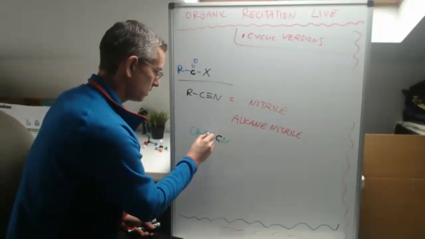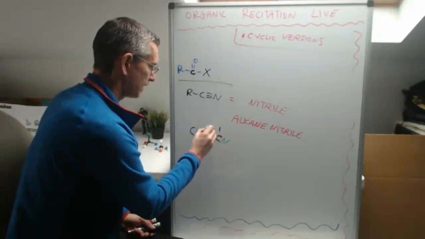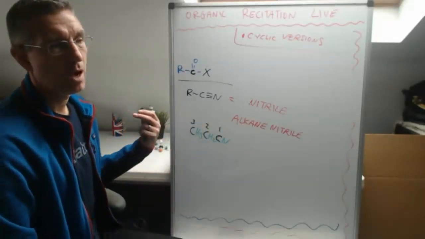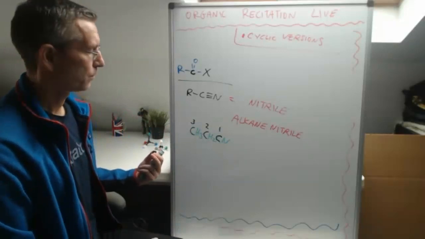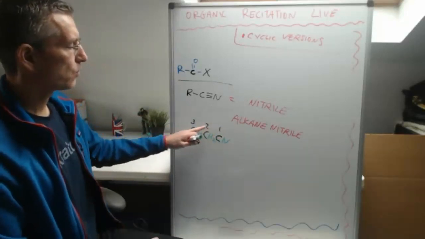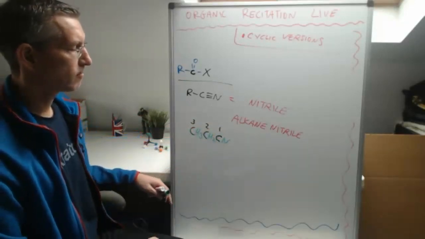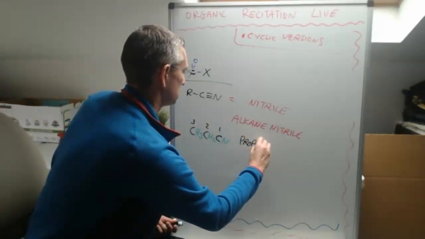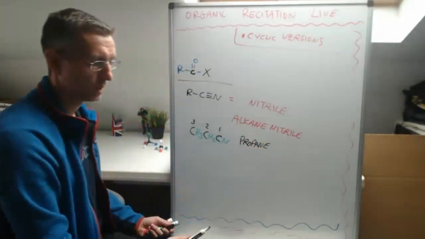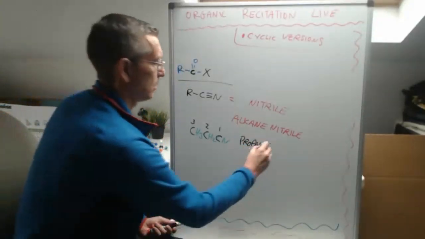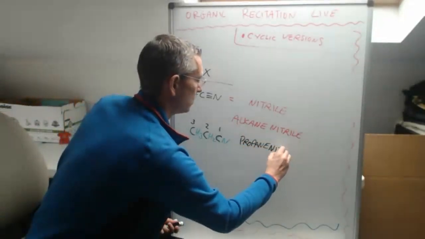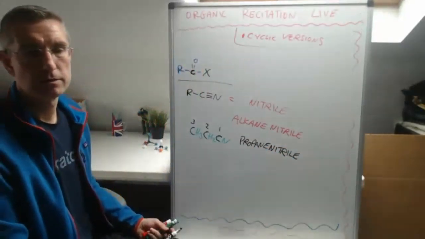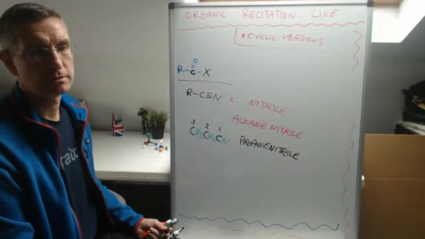As always, recurring theme, you've got to count the carbon of your functional group. So here we would have a 3 carbon containing nitrile. 3 carbons gives you propane, and then you just add the word nitrile. Propane nitrile.